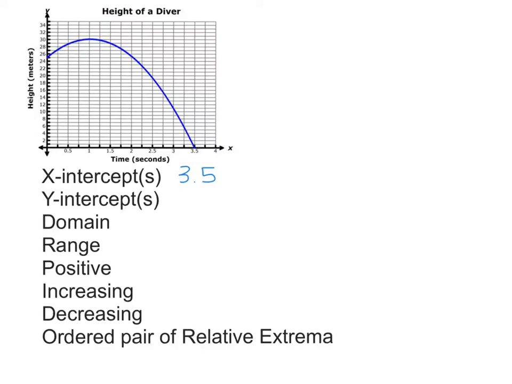And what this means contextually, in this problem, is at 3.5 seconds, the diver will enter the water. Okay, the y-intercept is where the graph meets or crosses the y-axis, and it looks like here the y-intercept is 25.